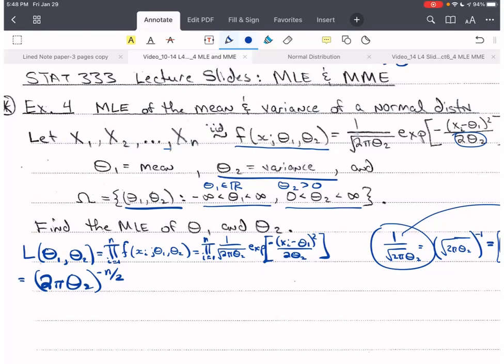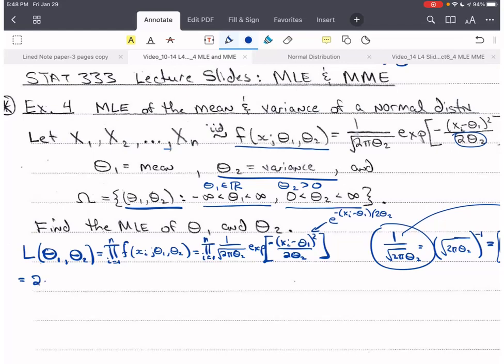And then we have, this is the equivalent of e, remember, e raised to the negative xi minus theta 1 divided by 2 theta 2. So I'm going to write this out. So let's not write it like this yet. Let's write it out, each term, or several terms.